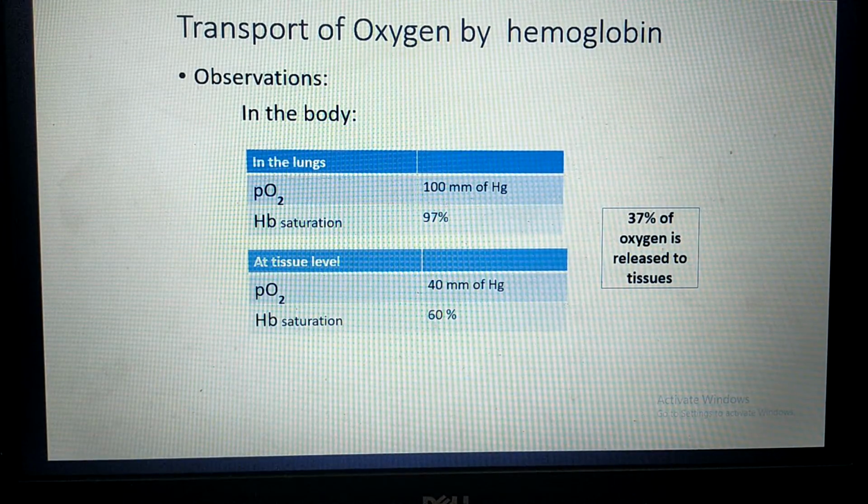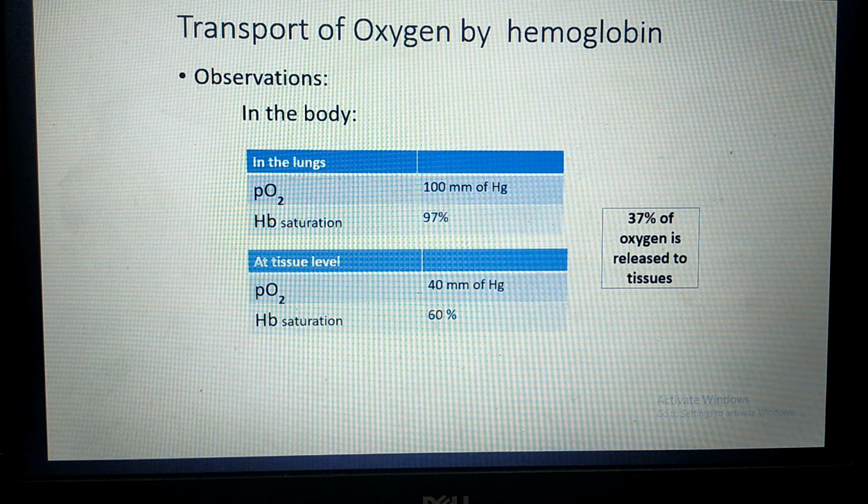But in the same study, when we observed inside the body, when PO2 is 100 mm of Hg, Hb saturation is 97%. When PO2 is 40 mm of Hg, Hb saturation of oxygen is 60%. So if you see this, when PO2 falls from 100 mm of Hg to 40 mm of Hg, the hemoglobin saturation of oxygen falls from 97% to 60%.